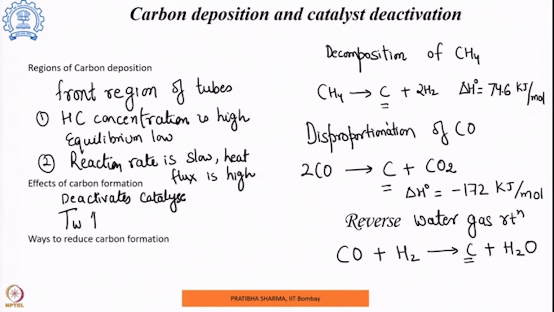Tube wall temperature increases, it can lower the pressure, it can even lead to tube failures. It can block the porous medium which is there in the reformer tubes. Now how can we take care of this carbon formation? One way, as we have seen, is to increase the steam to carbon ratio.